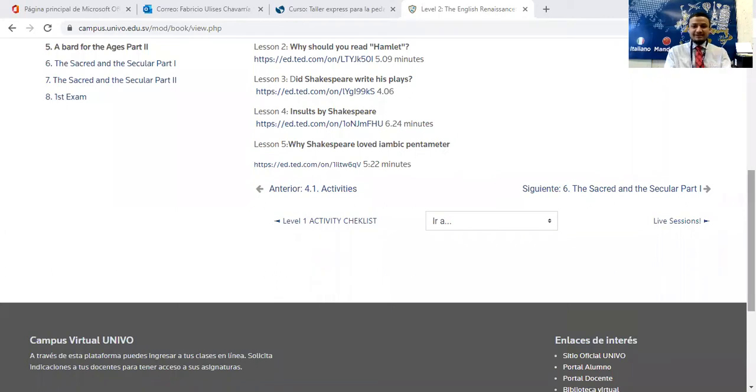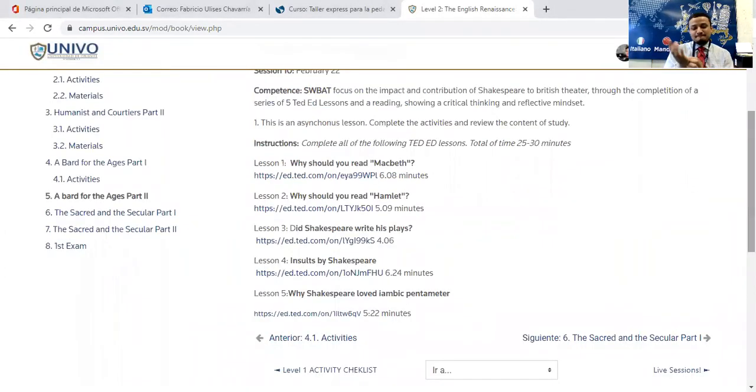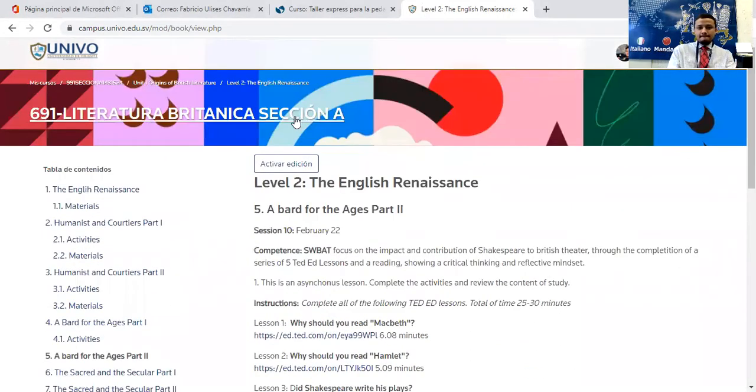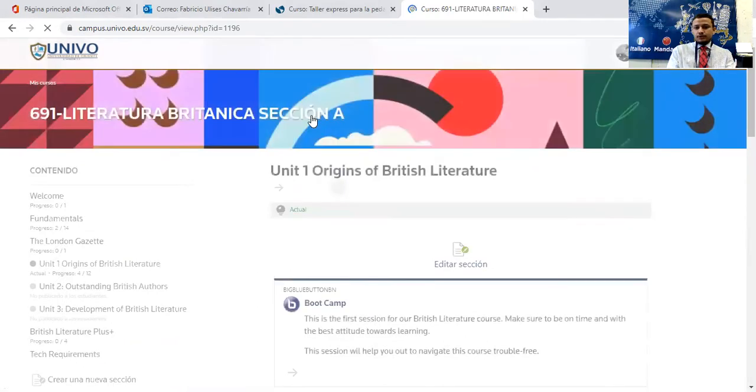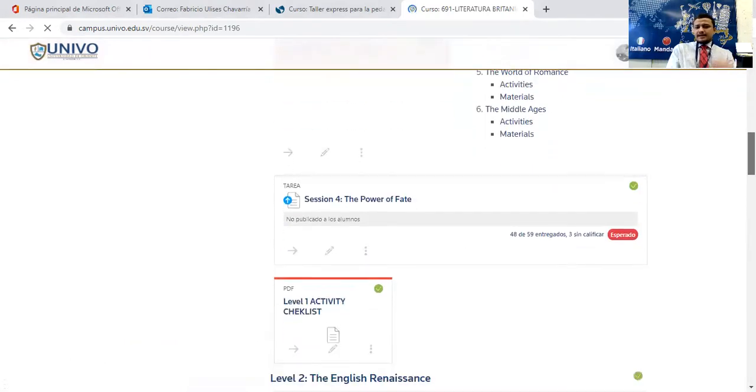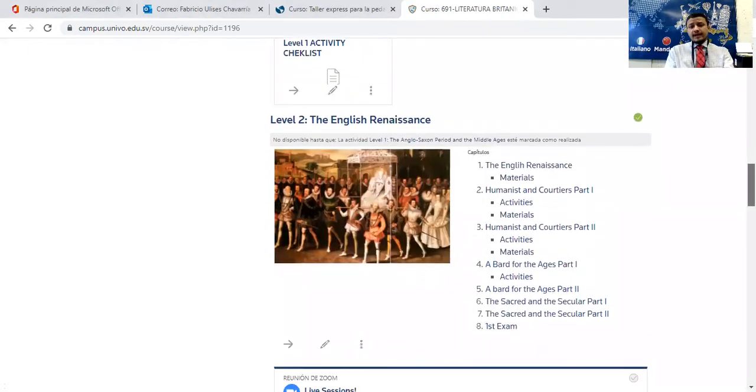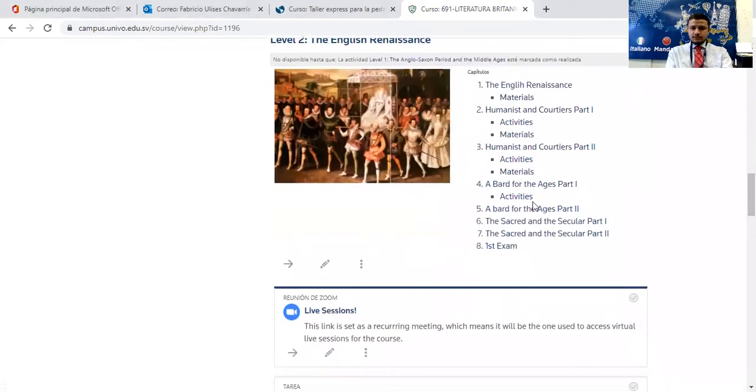So let me just share my screen so I make sure you know what I'm talking about, and I don't want to be talking about anything and nothing at the same time. All right, so one more time, make sure you go to the right spot, which is level number 2, the English Renaissance, and then you go to session number 5, A Bard for the Ages.